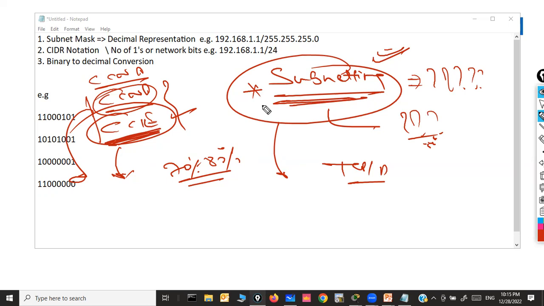Even subnetting is not very tough. If you understand IP addresses, masks, and binary to decimal conversion, after doing two or three exercises, I believe you would be very comfortable with subnetting also, right?